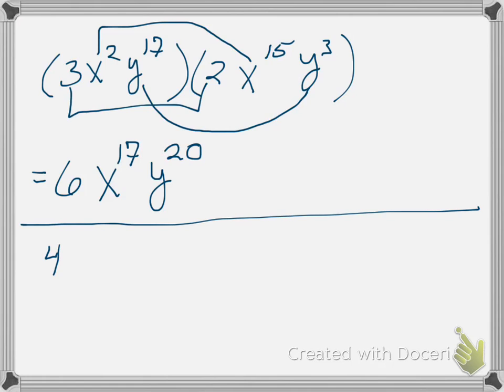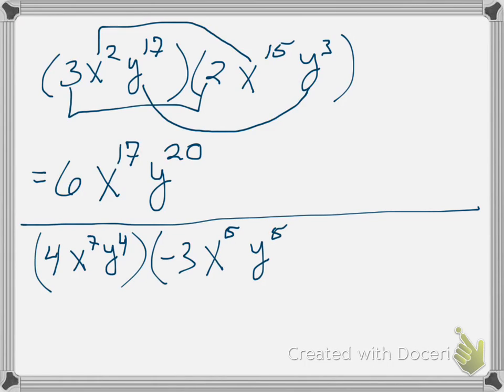We want to take a look at another one. Let's take a look at something like 4x to the 7th, y to the 4th, times negative 3, x to the 5th, y to the 5th. Let's make the 5s look like 5s. Okay. 4 times negative 3 is negative 12.